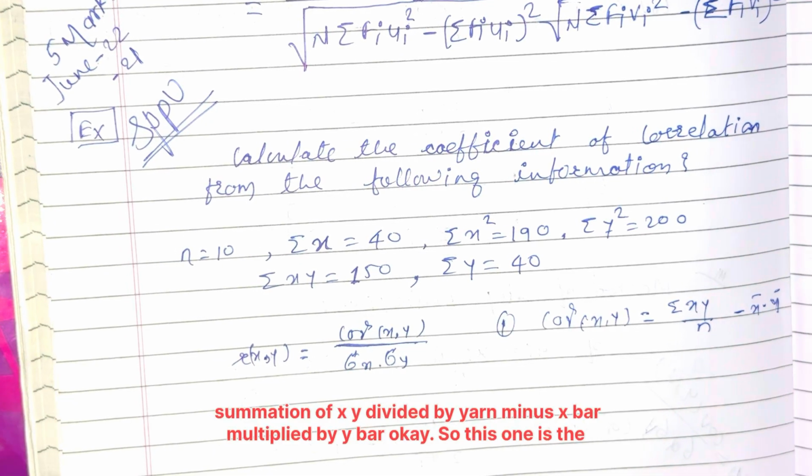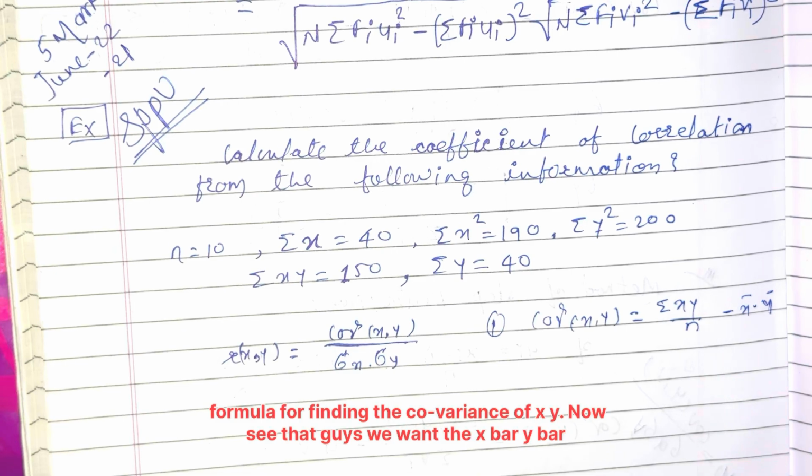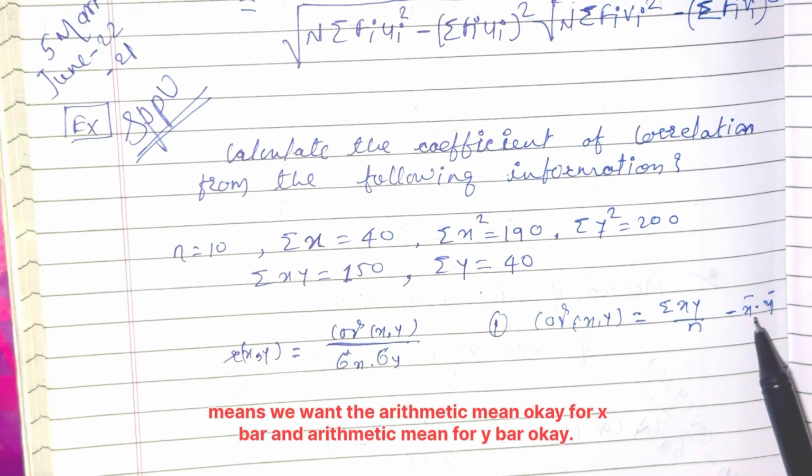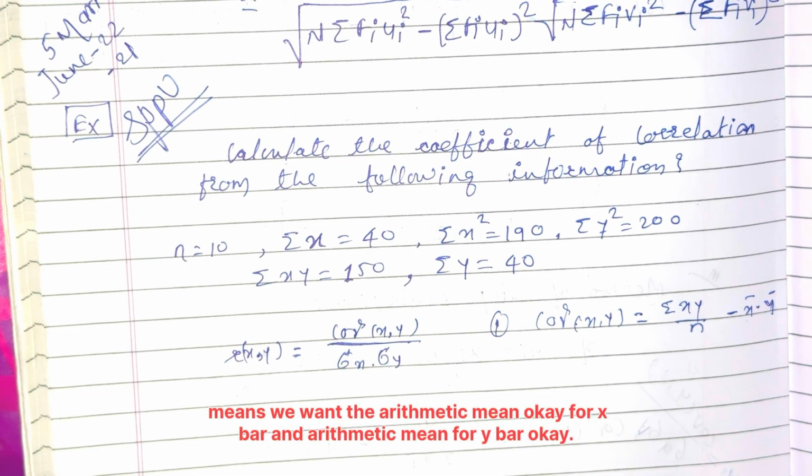This is the formula for the covariance of xy. Now we want x bar and y bar, the arithmetic mean of x and the arithmetic mean of y.